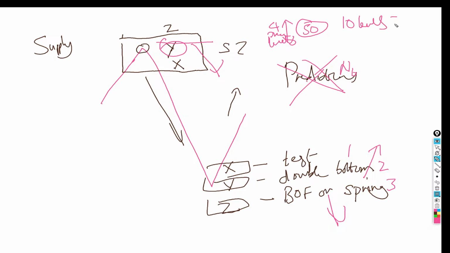We don't know, okay? And that's why having a clear stop that is exactly above the previous high is something that I can't, in all honesty, say I believe in.